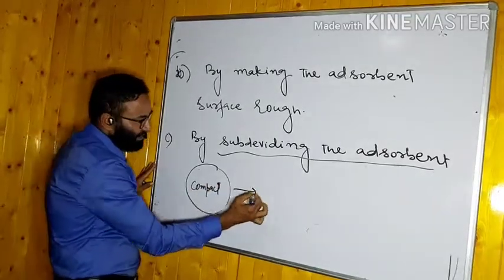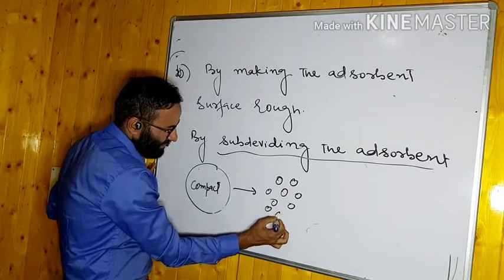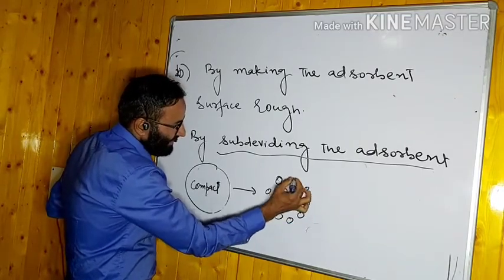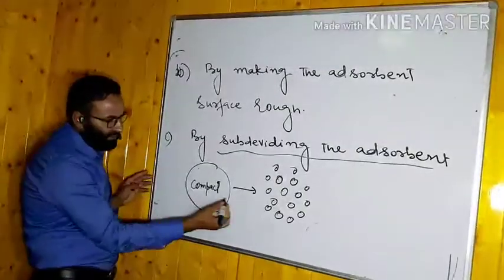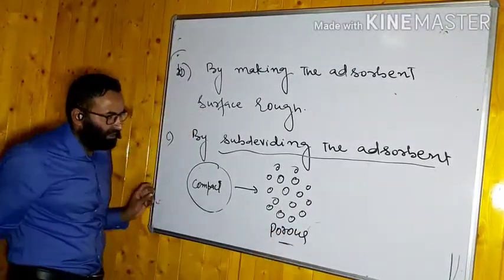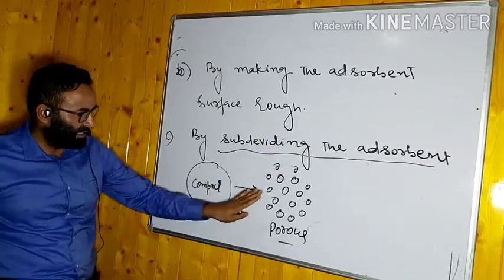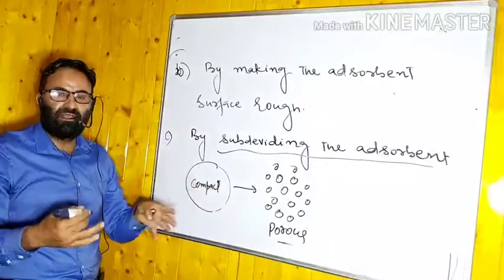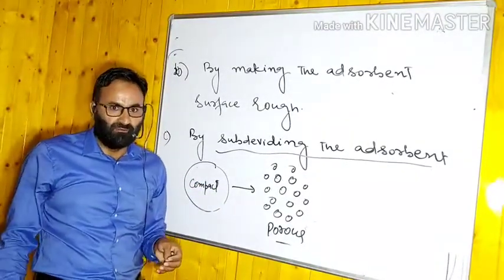If you divide it into small pieces, what happens? By dividing it into small pieces, surface area increases. This is the compact form, this is the porous form, powdered form. Remember this point. By subdividing the adsorbent, surface area increases. When the surface area increases, the rate of adsorption will also increase.